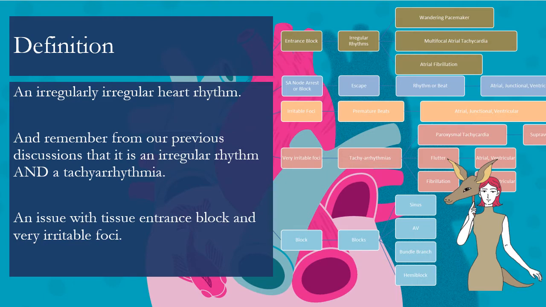Remember that it's also a tachyarrhythmia. When you think of the specific pathologies involved, you've got a set of tissues that have an entrance block, which causes the irregular rhythm, and you also have foci that are very irritable. So not only do these tissues act with their own automaticity, but they also fire randomly and rapidly. That's really what brings us to what we see as AFib.